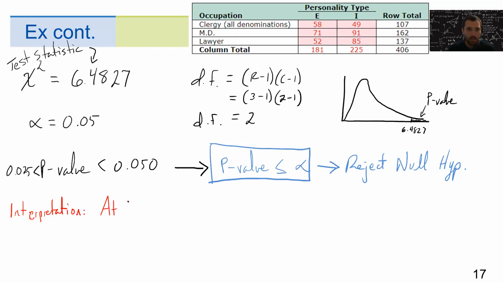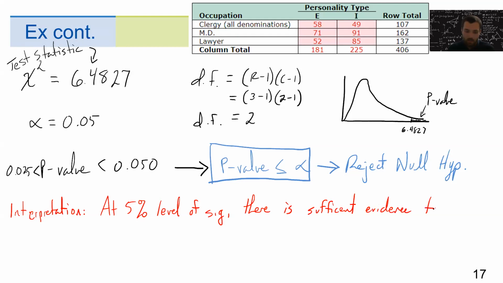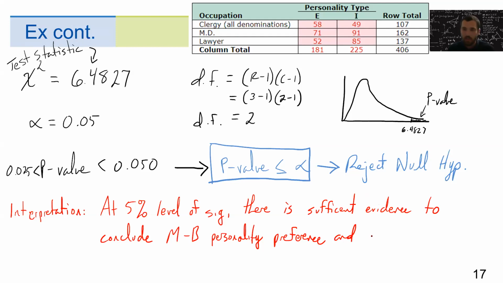At the 5% level of significance, there is sufficient evidence to conclude the Myers-Briggs personality preference and different professions.